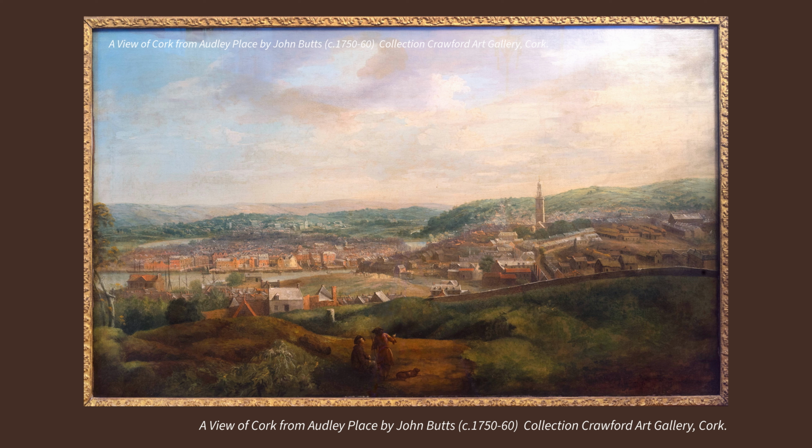What John Butts has done is he has taken Shandon on the right-hand side, this hill that you see with the church steeple at the top, and he's shunted it closer to the city centre, so that he is able to focus on these parts of the city that he wanted to tell a story about.